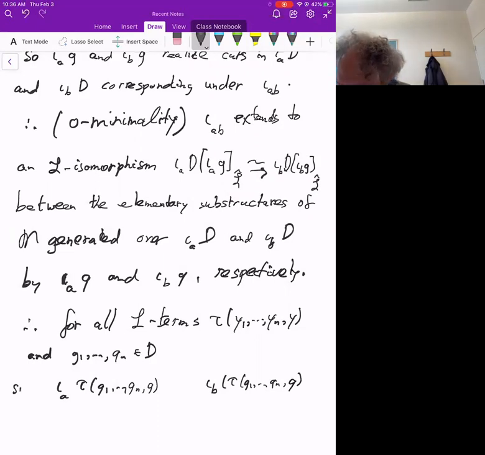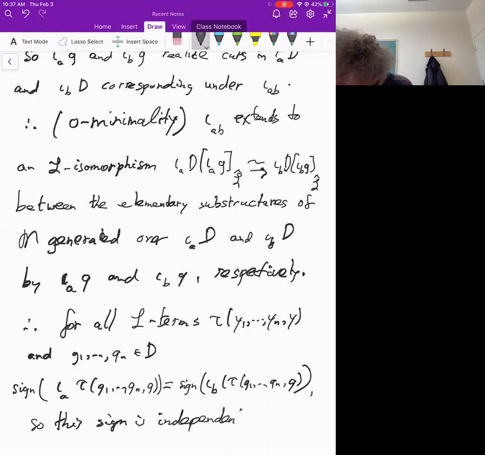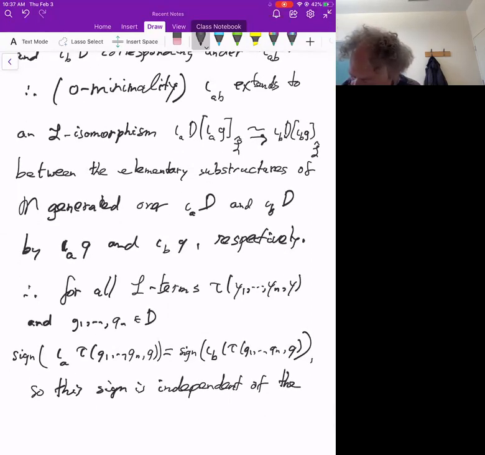So the sign of this has to be equal to the sign of that. In other words, these elements of M are either both positive or both 0 or both negative. And that means in particular that this sign is independent of the choice of a.